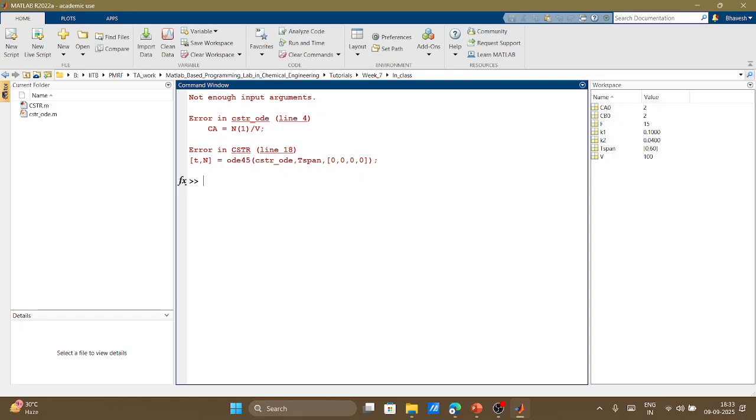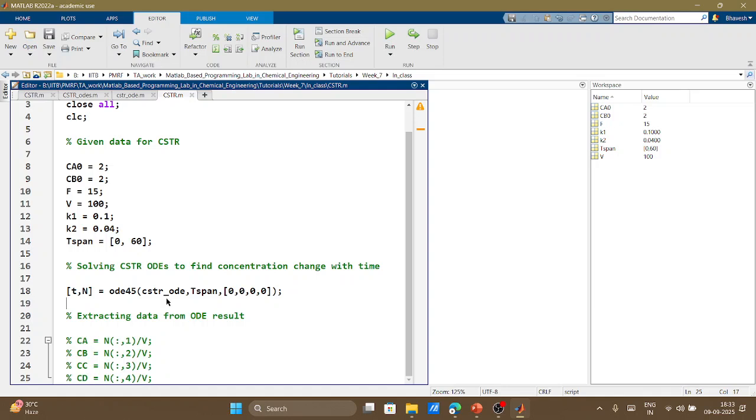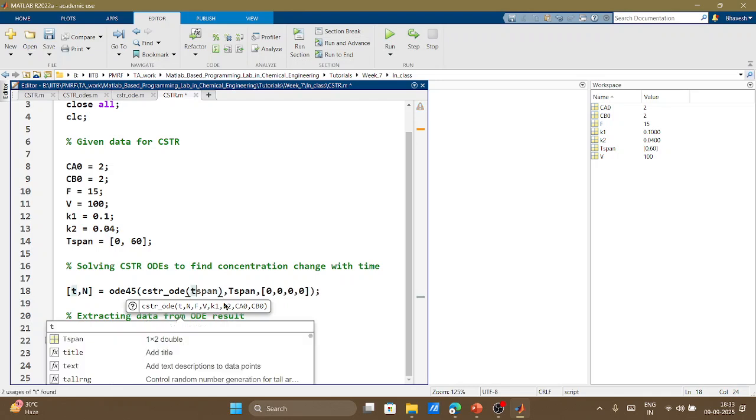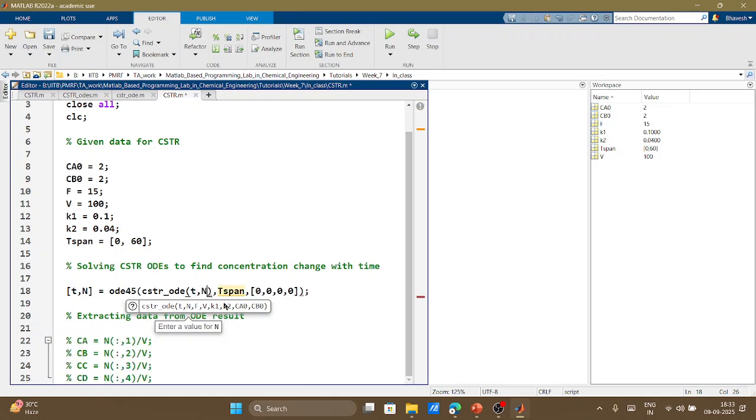Yes, not enough arguments, because we call the CSTR ODE, but CSTR ODE also requires various inputs which we did not provide, right? So it requires T, it requires N, it requires flow rate, volume, K1, K2, CA0, CB0, right?